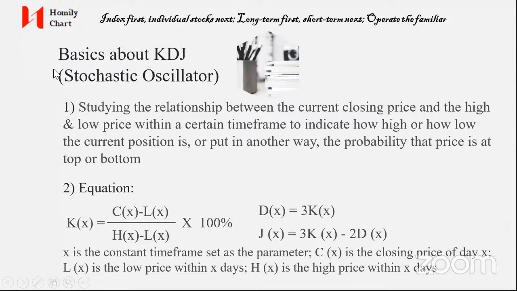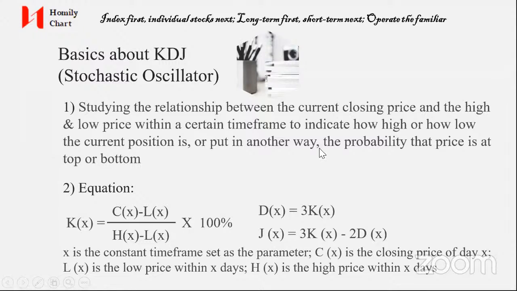Firstly, KDJ, we also call it the stochastic oscillator. When you say stochastic oscillator, it means KDJ. So what is this indicator? It studies the relationship between the current close price and the high and the low price within a certain time frame.